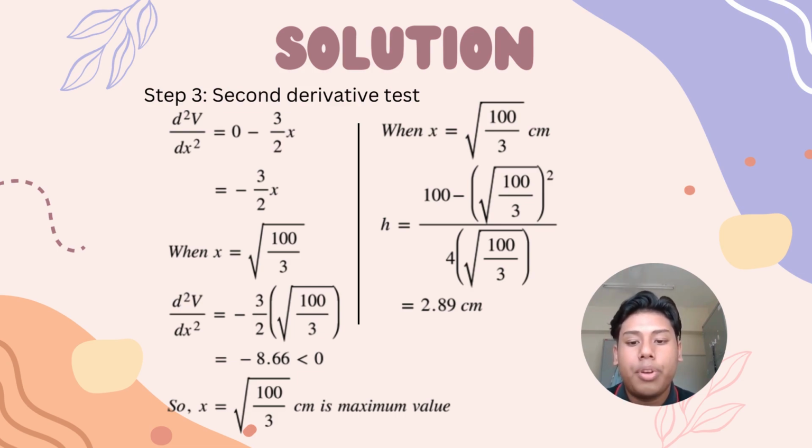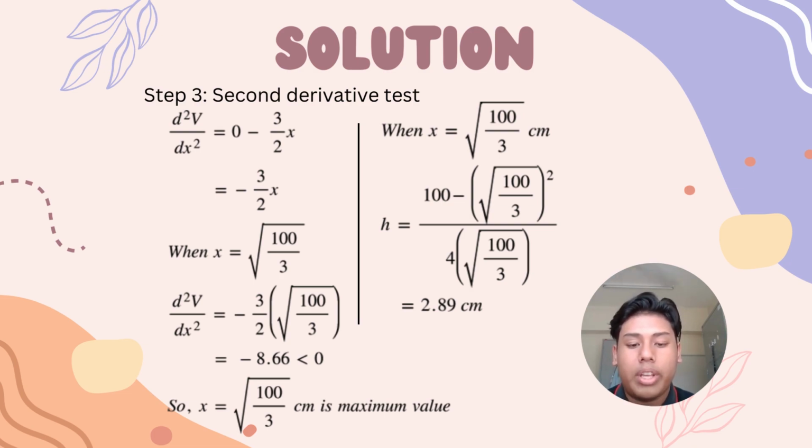So we can put the value of x into the equation and we get the answer for the second derivative test, which is negative 8.66. And negative 8.66 is below 0. So the value of x equal to square root of 100 over 3 cm is a maximum value.